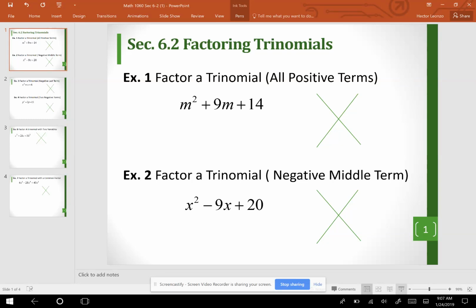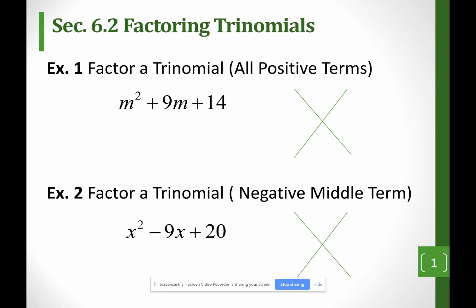Now in 6.2, we're going to be dealing with how to factor trinomials, basically three terms, where the leading coefficient to begin with in this section is just a 1, right? The number at the front is a 1. So I'm going to be looking for two numbers that when I multiply them is equal to 14. You see where I got my 14 from. And I want these numbers that when I add them is equal to 9.